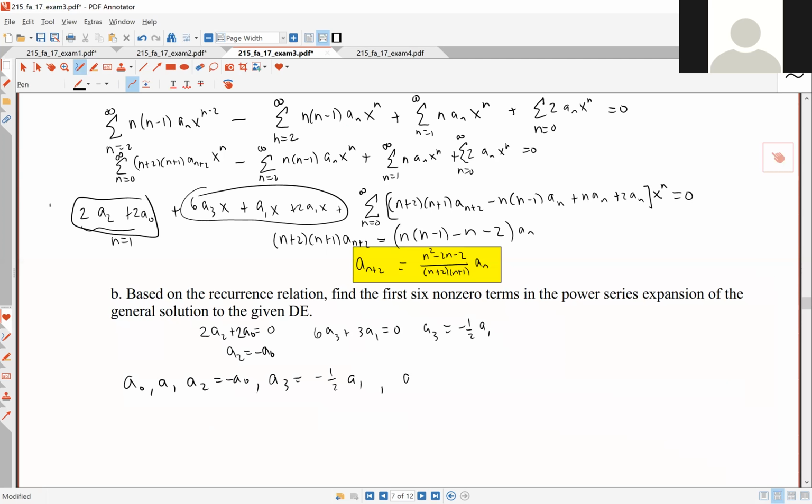And now a4 is when n equals 2, so that's 2 squared is 4, minus 4 is 0, minus 2, over 2 plus 2 is 4, times 2 plus 1, that's 3, that's 12. Negative 1/6 times a2, which is negative a0, so 1/6 of a0.